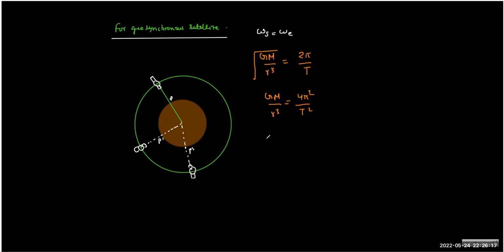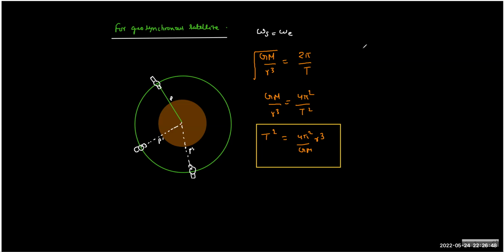So there is a very fixed relation, T square equals 4 pi square by GM into r cube. And very soon you're going to see that this is Kepler's third law, which eventually we'll see.